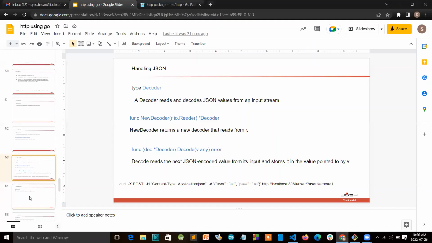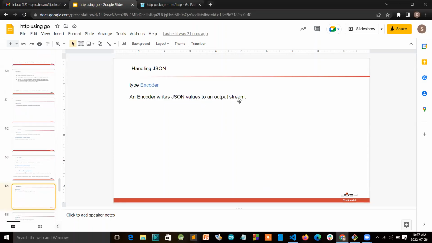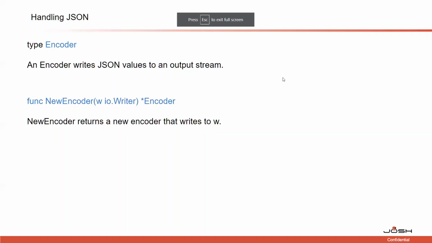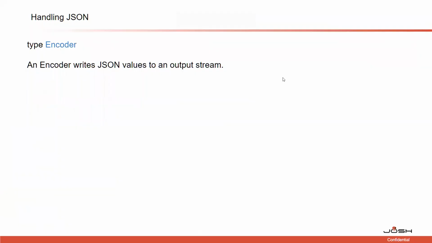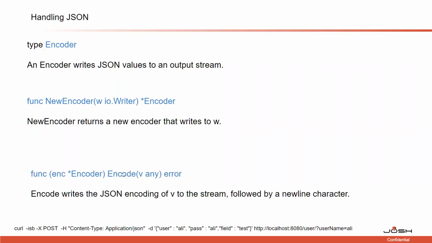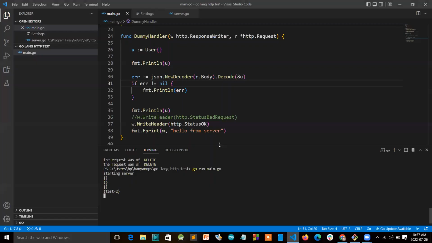Now we have seen how to receive a JSON request, let's see how to write a JSON response too. For this, we use an encoder. Encoder does the opposite of decoding. It will write JSON values to an output stream from a struct. As we call new decoder, we'll call new encoder, write it to w, and then encode it. So let's try this out.